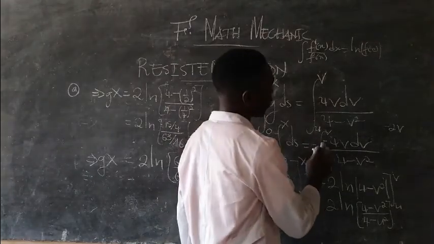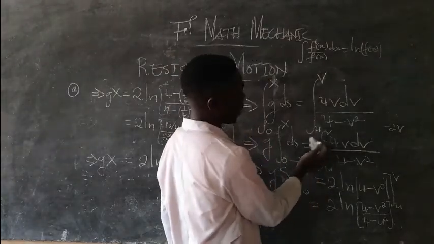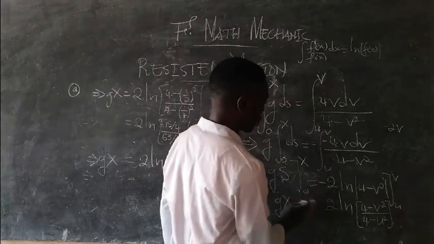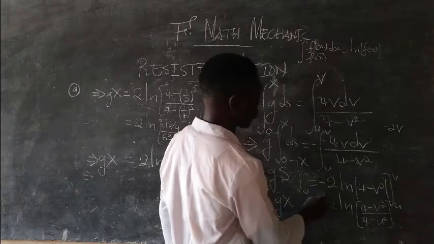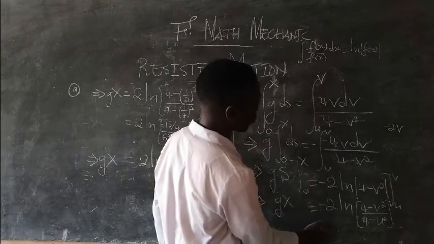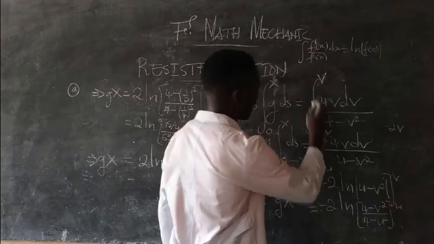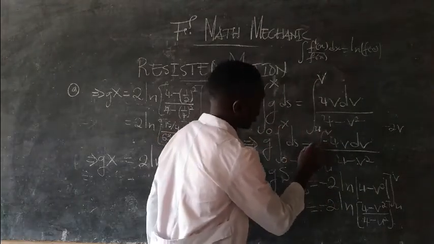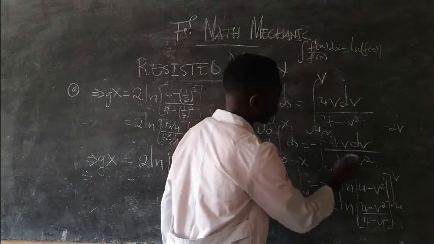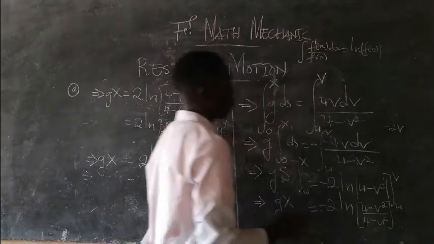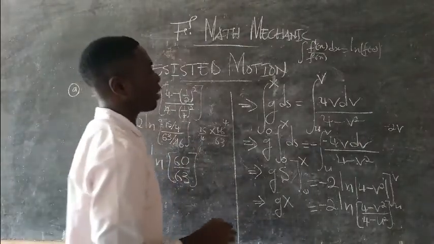So this one here will give me negative 2. I could factor out the negative 2 here. So finally, I could have something like negative 2, so then that negative is going to apply all through. Since when I differentiate this, I have negative 2v, and here I want the numerator to also be like the denominator. So I take negative of minus 4v.